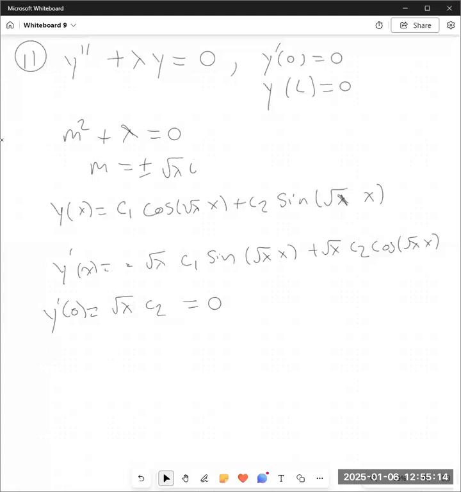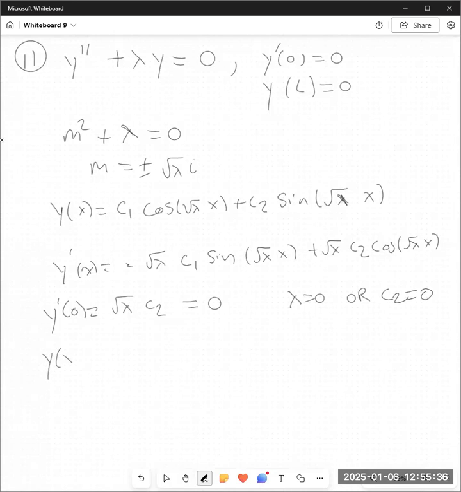So again, we are okay here with lambda equals 0 or c2 equals 0. Let's go ahead and assume c2 is 0 right now and plug it in here. That eliminates the second part here.